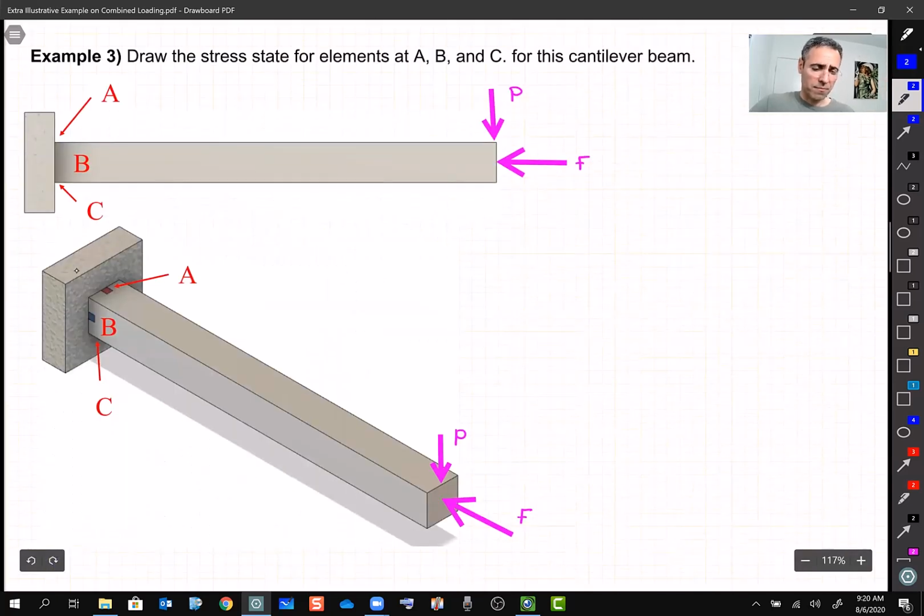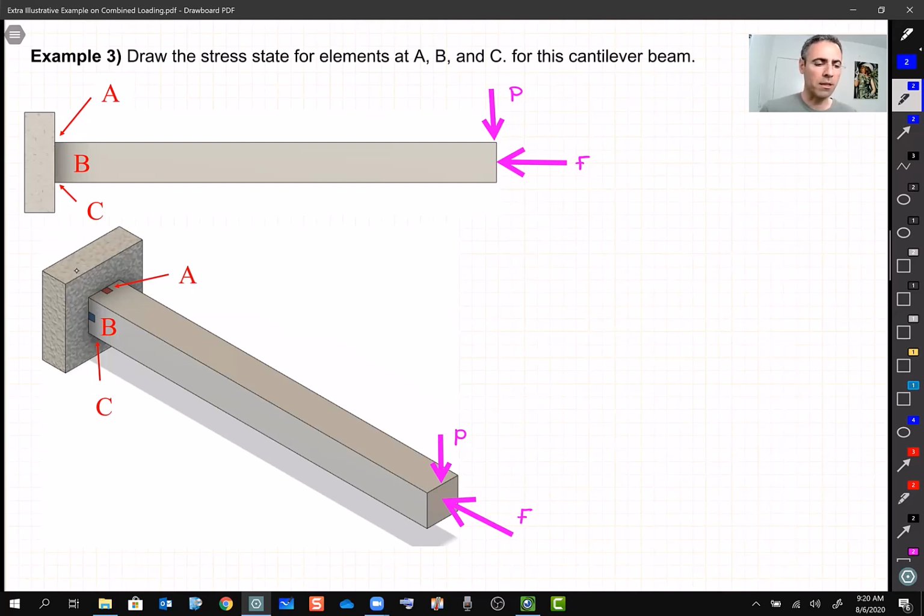So now let's combine these two together: what we just learned for when this beam is under compression and at the same time under bending. We treat this example similar to examples 1 and 2 separately, and then we combine them together.